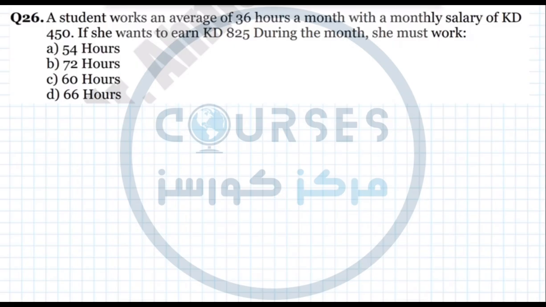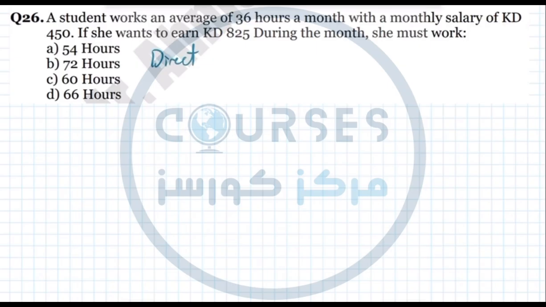Yani in other words, is it a direct proportion or an inverse proportion? A student working a number of hours getting money. If she works more hours, is she getting more money or less money? Definitely more hours equals more money. So this problem is a direct proportion problem.